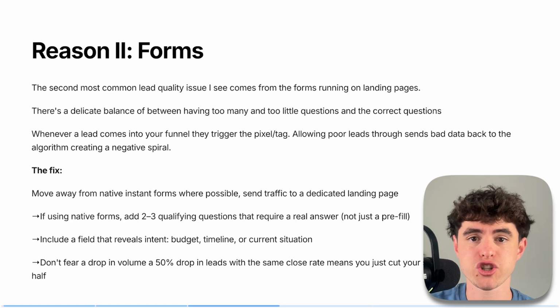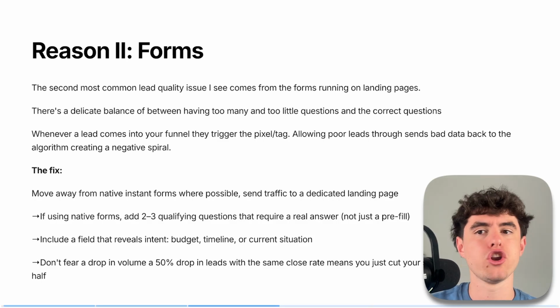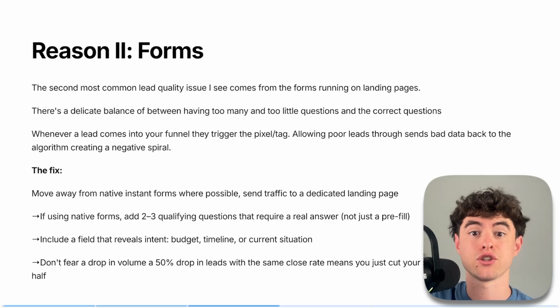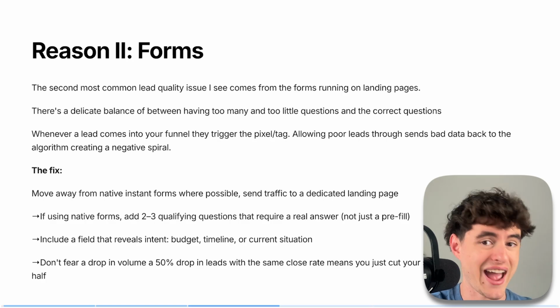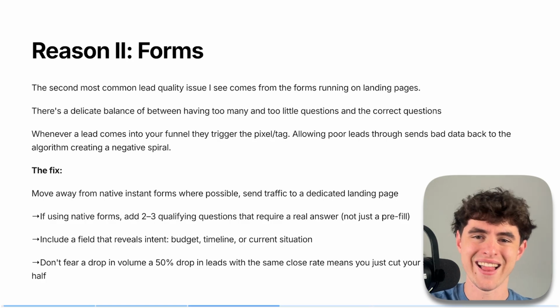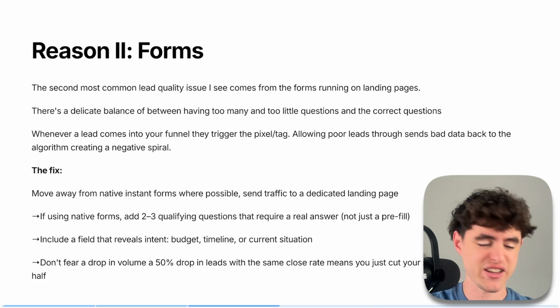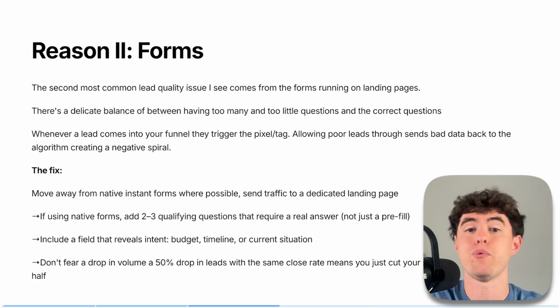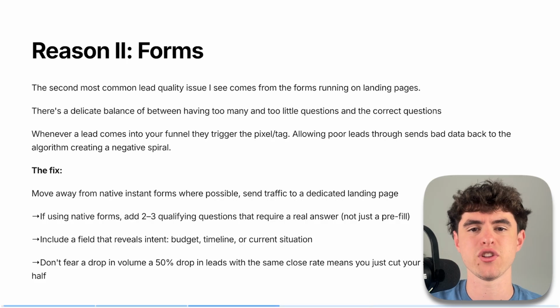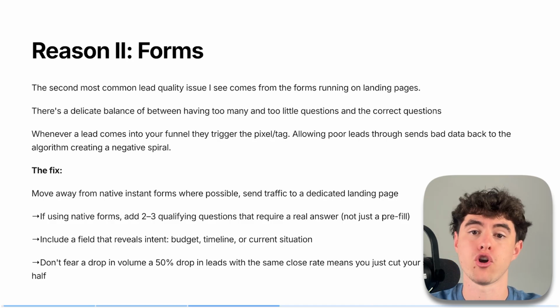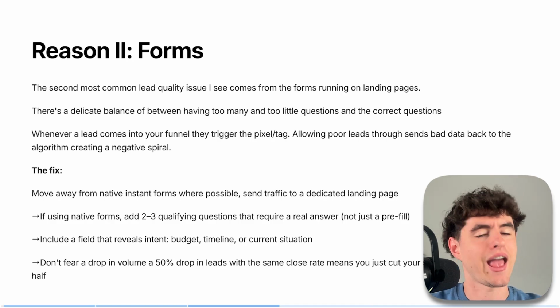And if you don't have these questions, then the algorithm is only going to know the tire kickers as being the successful conversions. But if you tag your conversions at the end of the form, this is how the algorithm is going to say, okay, so this was a conversion, these many questions were answered, and so we need more people like that. And when you can successfully find the delicate balance between them for your offer and your ICP, it's going to amplify your success.